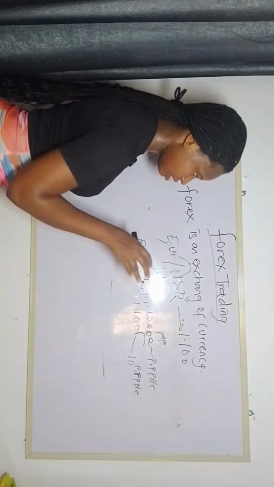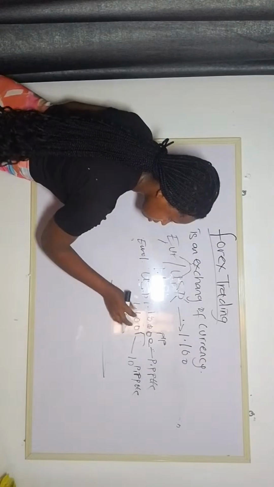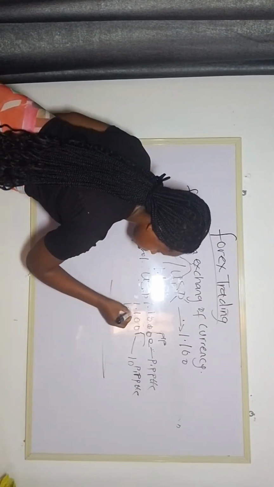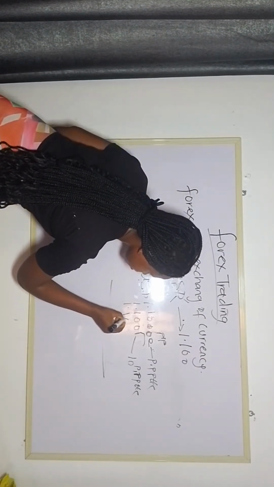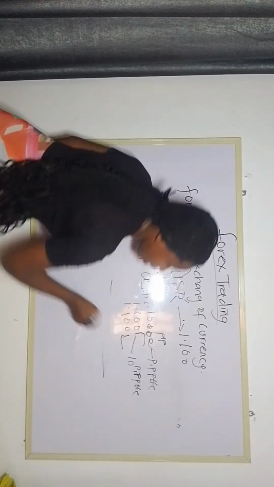I don't want to confuse you, so let's do it gradually so you understand what I'm doing. So if this is 1.1001, you already have your profit here of 1 pip.